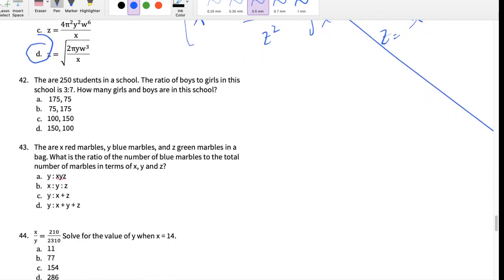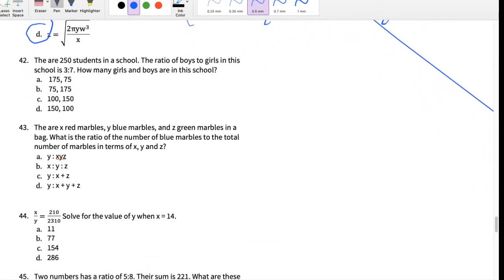Okay, number 42. There are 250 students in a school. The ratio of boys to girls in this school is 3:7. How many girls and boys are there in this school? Okay, so maraming ways to solve this. One is to add yung 3 and 7 para makuha mo kung anong nire-represent ng isang value dito sa ratio natin. And then divide yung 250 by that, then multiply ulit sa 3 and sa 7. Okay?